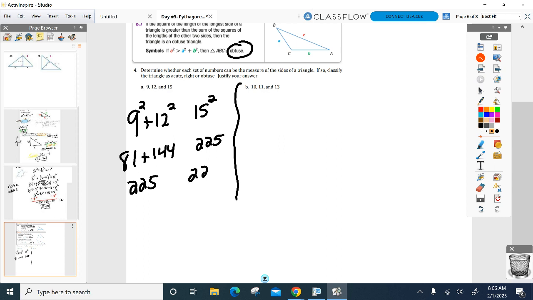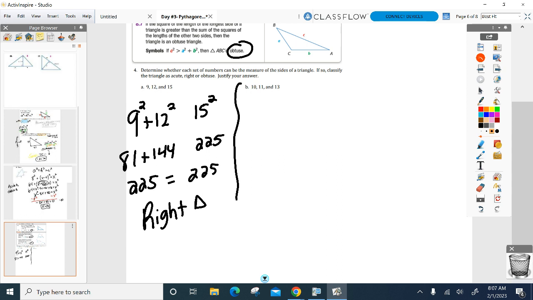And 225. They're equal to each other. If they are equal to each other, your triangle is a right triangle. Makes sense. It fits in the Pythagorean theorem, and the Pythagorean theorem only works for right triangles. So if a squared plus b squared equals c squared, it's a right triangle.